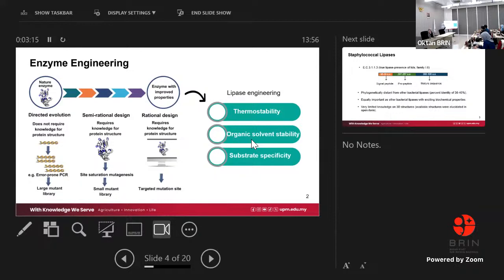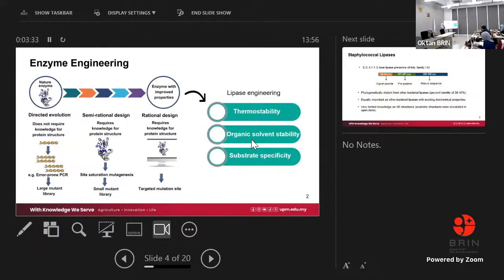And these protein engineering studies have evolved from time to time. I recently came across one paper about machine learning, because we now have AI, so machine learning in protein engineering.